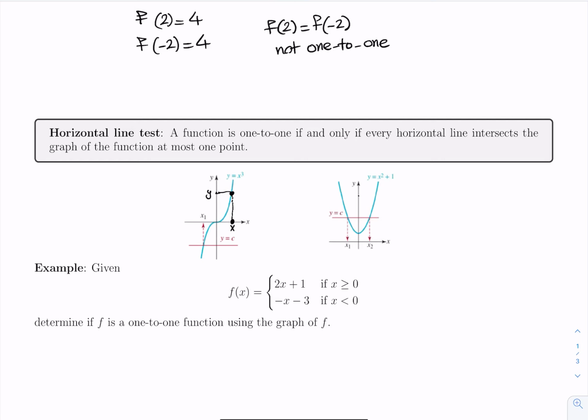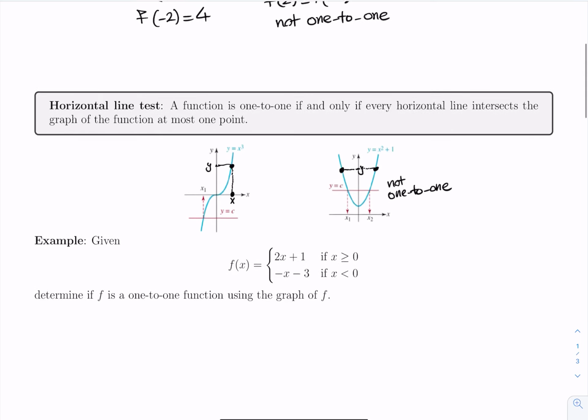So if I see a y coordinate which corresponds to two different x coordinates, then that is not a one-to-one function. We call this test the horizontal line test. That if you consider any horizontal line and it would intersect the graph at most at one point, then it will be one-to-one.